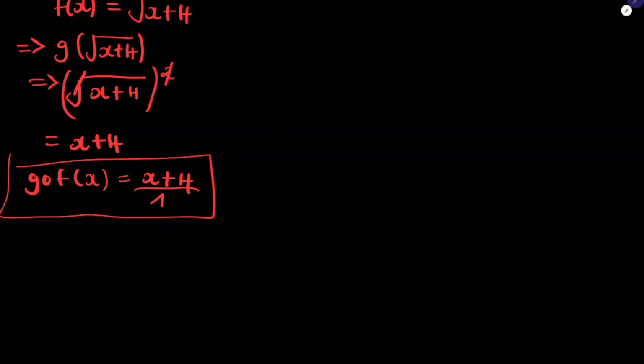So we can just say that the domain of g of f of x is simply x, an element of real numbers, because we have only 1 in the denominator, so we can conclude it like that. So that is the domain of g of f of x.